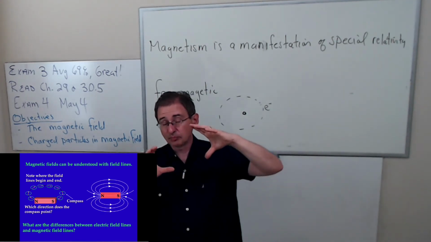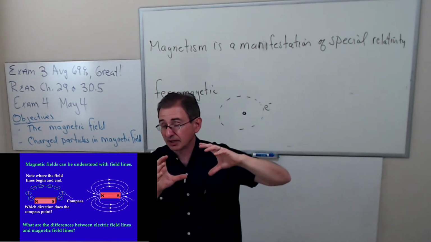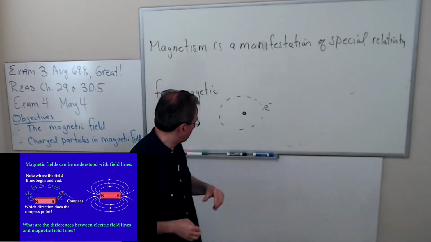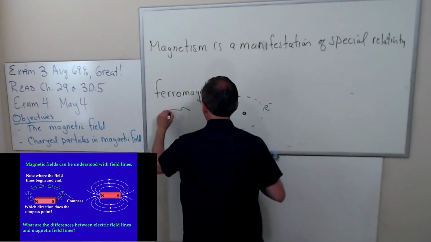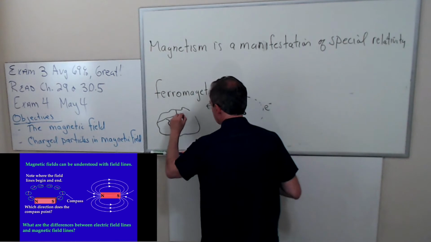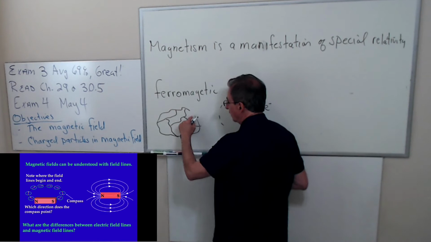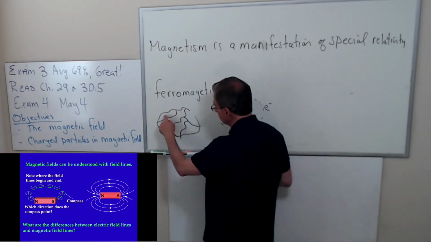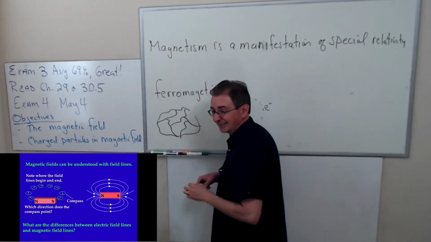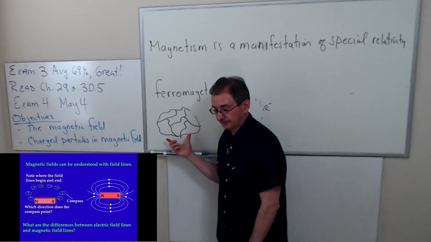So you'll have a group of millions of atoms that have their spins aligned pretty much in a particular direction. So you have a chunk of material, and they have these domains. These are microscopic, where their spins are aligned in a particular direction. Now, we also need to have the spins of each of these domains aligned in the same direction in order for this to be a permanent magnet.